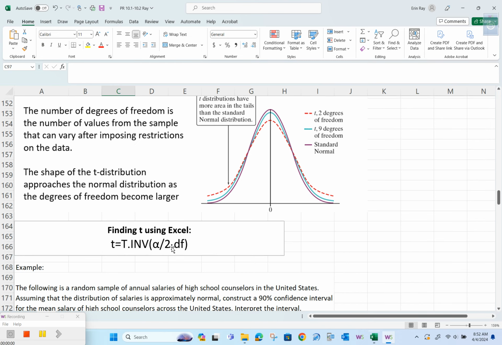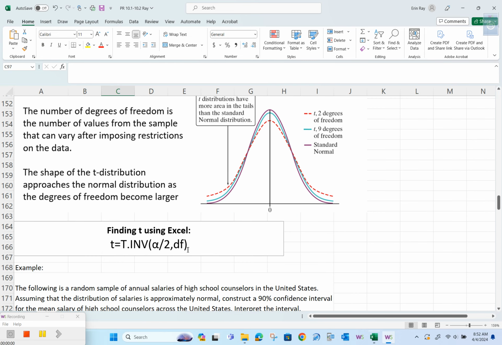Okay, so with that, just like when we're finding the z-score, we're still going to have alpha over 2, but we have to set this second argument of the n minus 1, and it says n minus 1 on your formula sheet. Just like with the z-score, we use a dot inverse. We just don't have the norm.s. S goes with z, t goes with t.